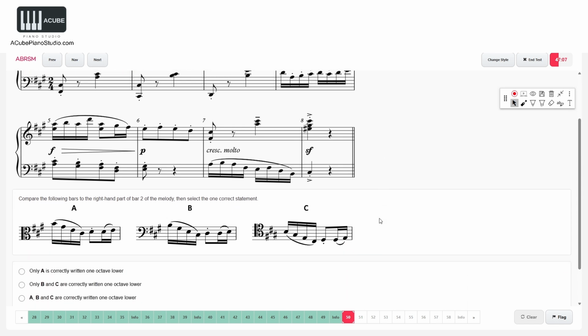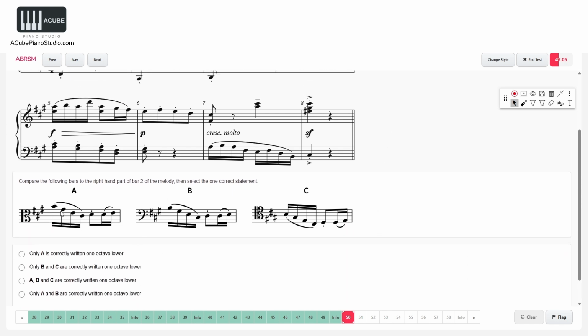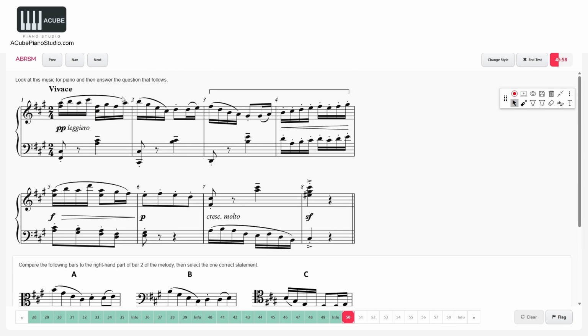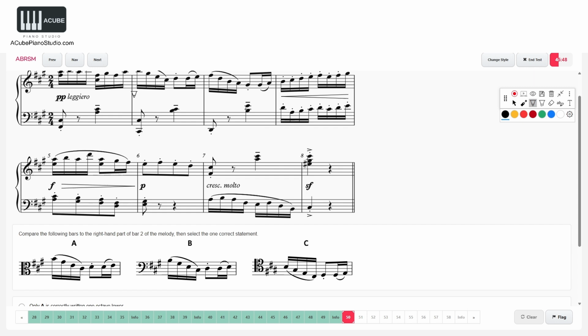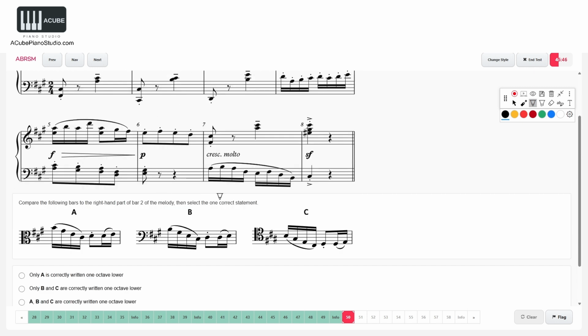Okay, next, music in context. So you have all these musics here. So let's take a look at A. Compare the following bars to the right-hand part of bar 2. So this one is a lot like the melody question, the pitch question that you see. So again, I recommend just use the first note of bar 2 and of all these as a reference.